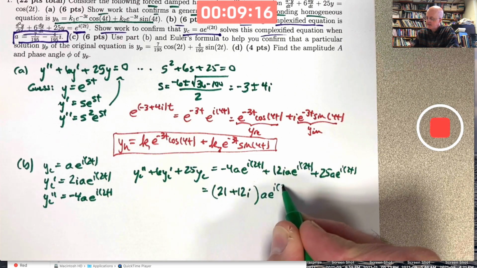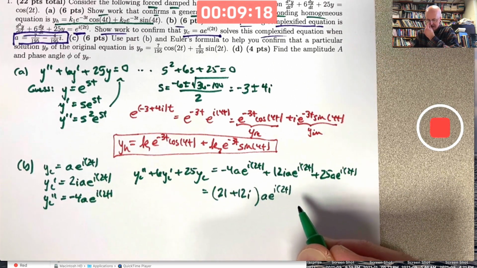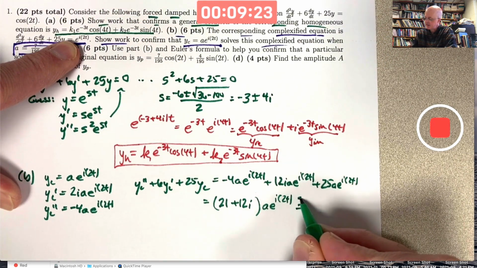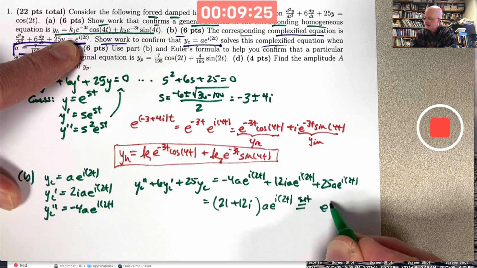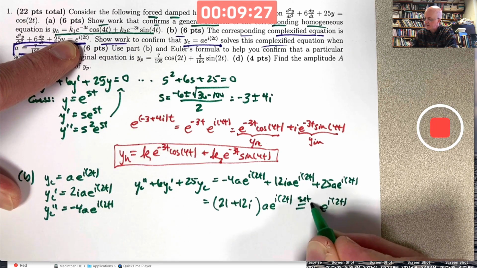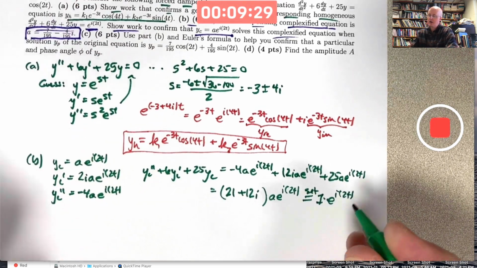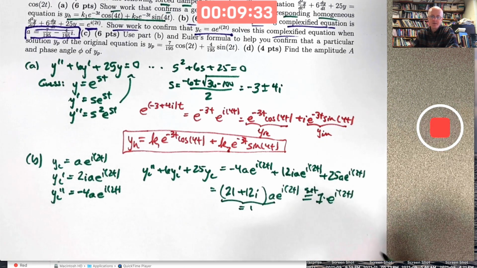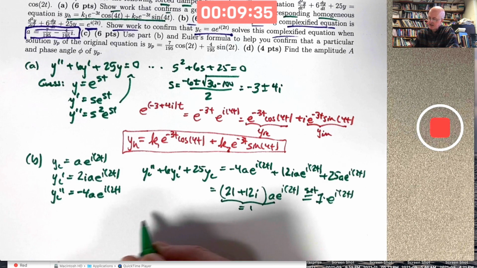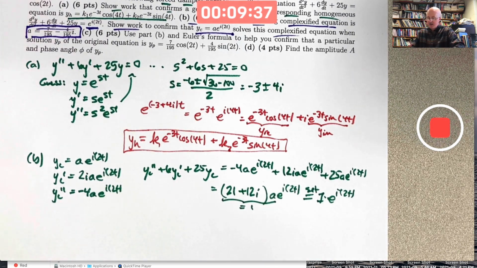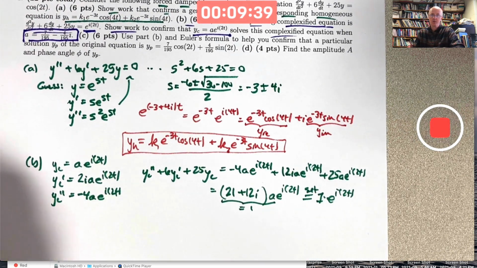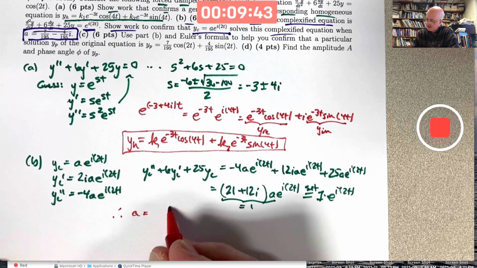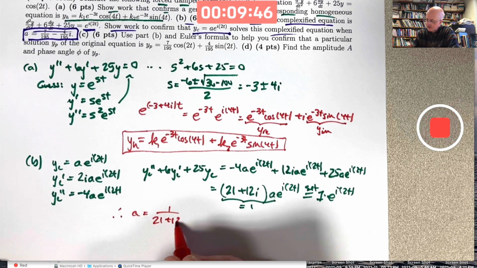I want to set this equal to the right-hand side of this complexified equation, e to the i 2t, which is really 1 times e to the i times 2t power, which means that this thing right here must equal 1. And so a must be 1 divided by 21 plus 12i.